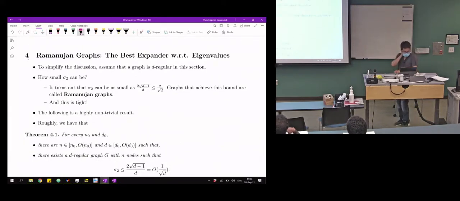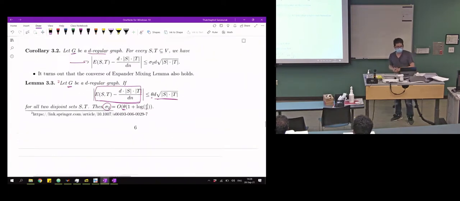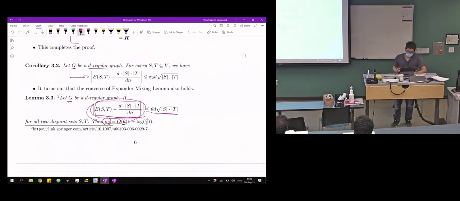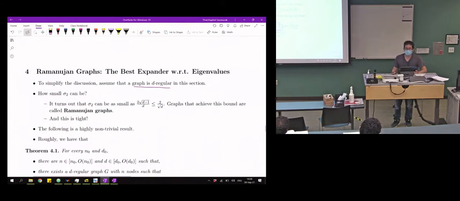So now for this section 4, let me simplify the discussion a bit, and let's say that the graph is D regular. We were saying that I wanted to ask how small sigma 2 can be. If sigma 2 is 0, then this thing holds, right?